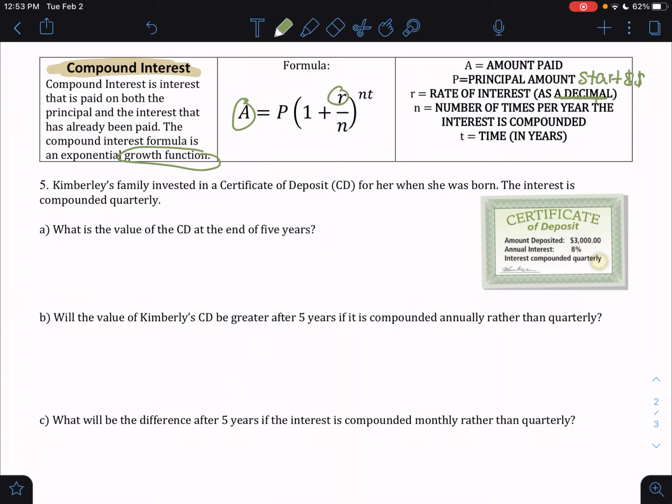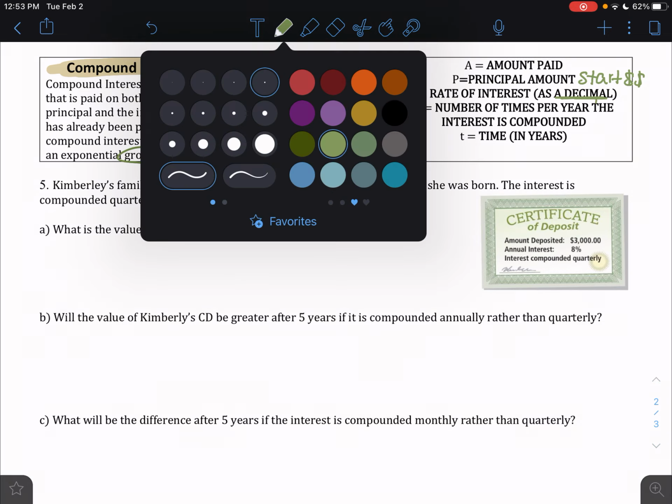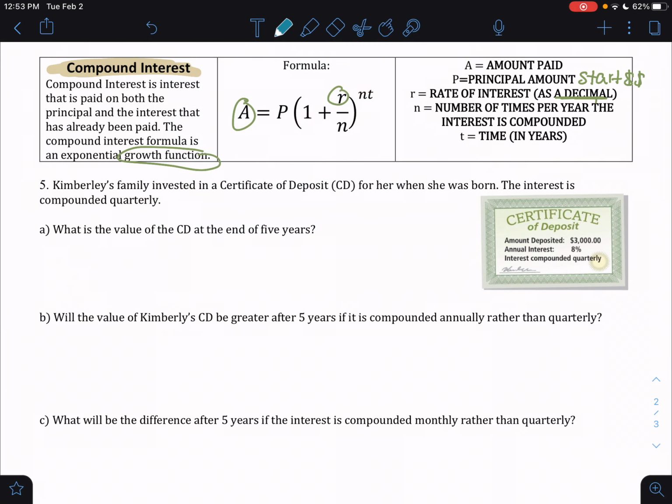N is the number of times per year the interest is compounded, and T equals time. So I'm going to go over n really quick, the number of times per year. You're going to see a few different words, and so I'm going to write those out and define those for us. So one of them is quarterly. If it's compounded quarterly, that means that your n is going to be 4. You might see monthly.